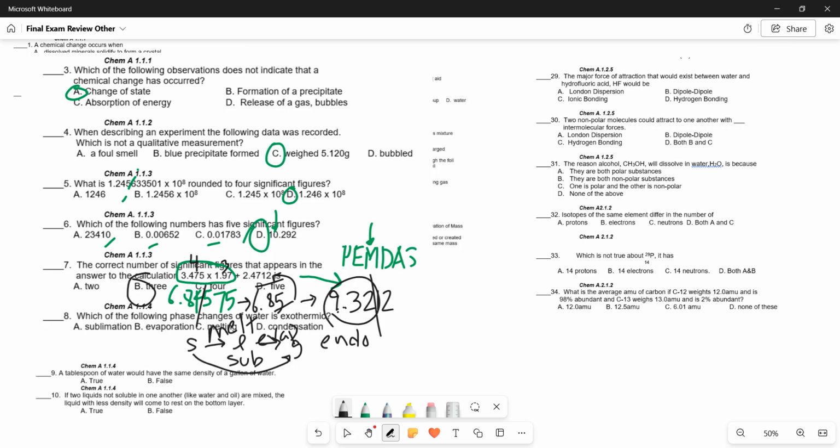The opposite direction, going from gas to liquid to solid, is going to be exothermic, and those processes are called: gas to liquid is condensation, liquid to solid is freezing, and if I jump from gas to solid, it's called deposition. So the only one that is exo is going to be D, the condensation.